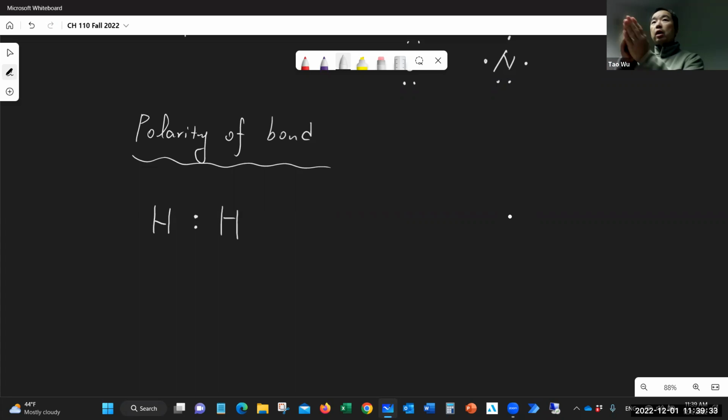The electrons are not closer to either one. The electron is evenly distributed to each of the atoms. Then they're not going to have a polarity.